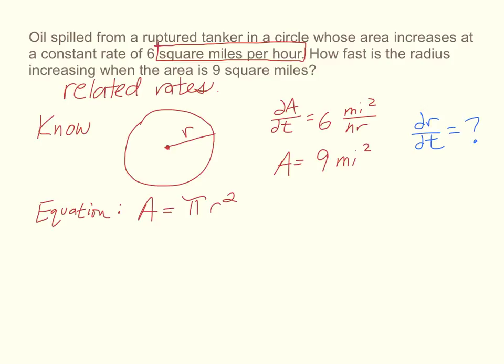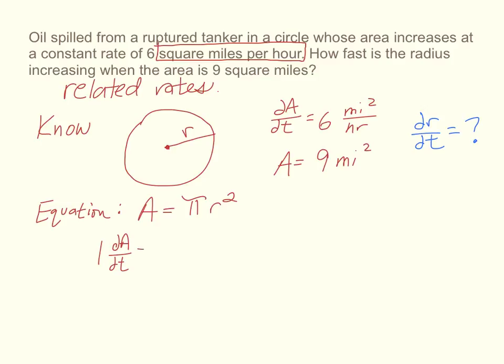Now that we have an equation, we just need to take the derivative implicitly with respect to t. The derivative of A, by way of power rule, is 1. And then we multiply the rate at how the area is changing with respect to time.